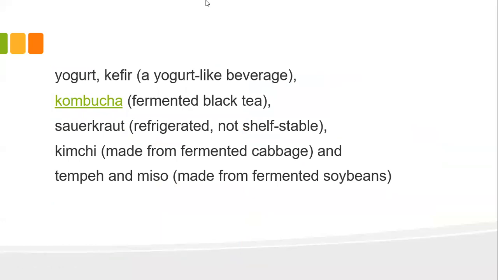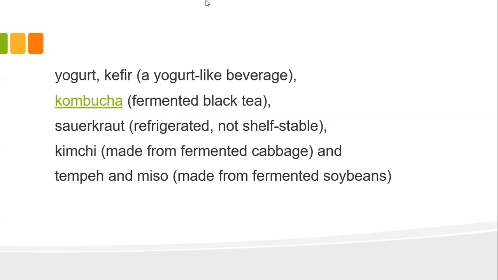Before I get into a lot of details on probiotics, the simple way to remember any probiotic is this. Kombucha is a bacteria which feeds on black tea or green tea. Sauerkraut is nothing but bacteria that feeds on your cabbage. Kimchi also feeds on cabbage. Tempeh and miso feed on soya beans.